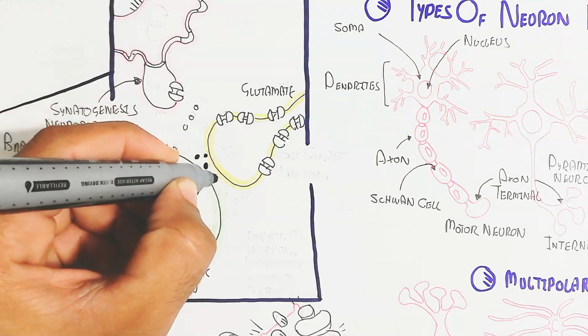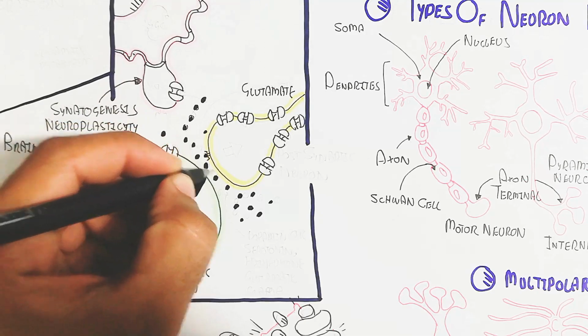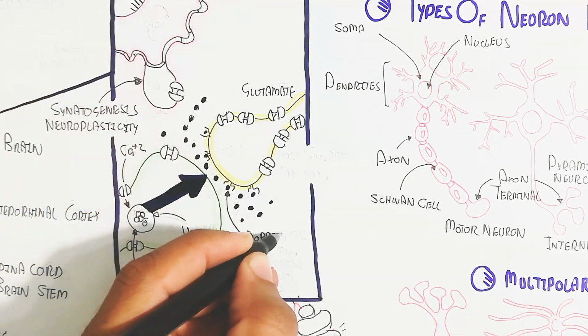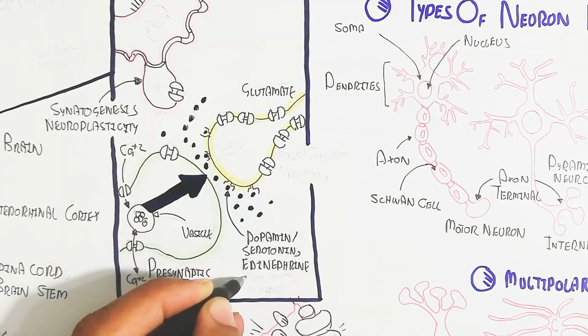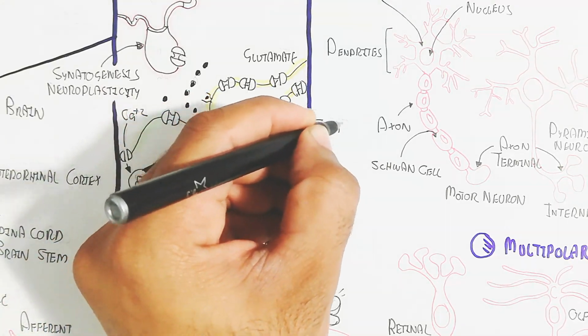After this, when a neurotransmitter like GABA, glutamate, serotonin, epinephrine, or norepinephrine attaches, it will lead to inhibiting or stimulating the other neuron.